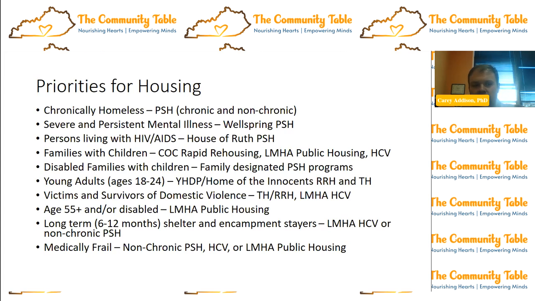So very quickly, we have a set of priorities for housing people, like I mentioned, that a lot of that fits in with the funding and the programs we have. Chronically homeless: several of our PSH grants are designated for chronically homeless individuals. Most of you are probably familiar with that term.